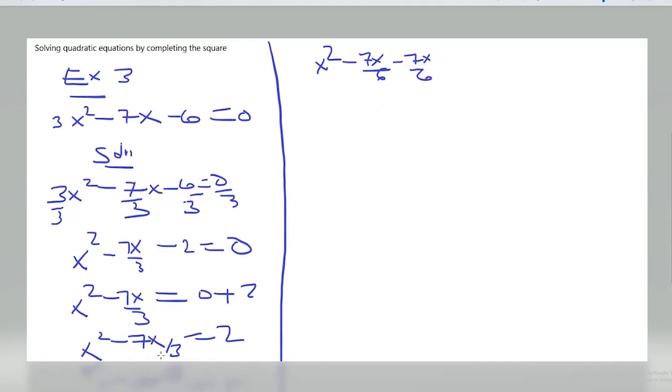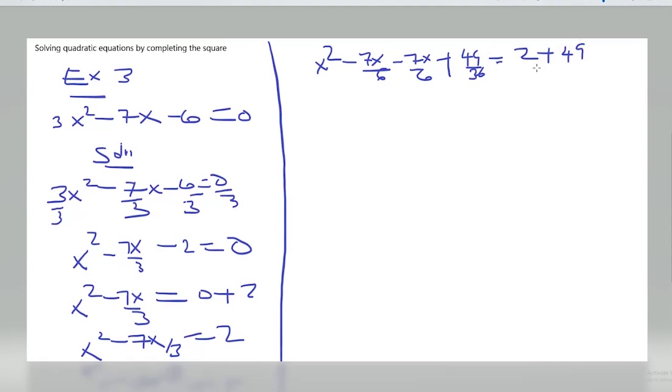When you split 7x over 3 in 2 parts, you have negative 7x over 6 and minus 7x over 6, then you add negative 7 times negative 7 over 6 times 6, which equals 49 over 36, to both sides: 2 plus 49 over 36.